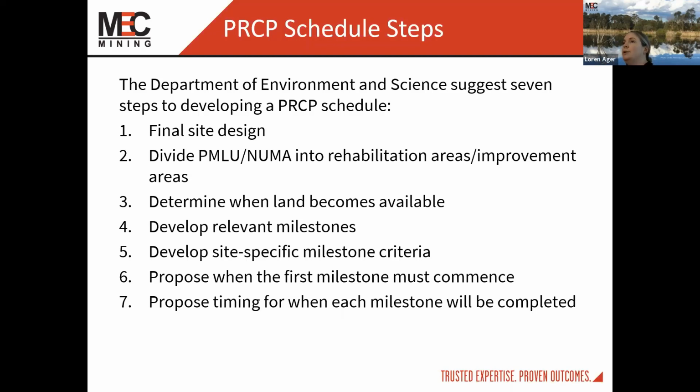For example, decommissioning of infrastructure, the creation of profiling of dumps, the use of inert or topping materials, topsoil placement, revegetation. These are all steps that need to be included for each area that's been identified. So there could be a mining area, there could be an infrastructure area, there could be existing rehabilitation that hasn't actually been signed off yet. So what further things need to be done in that area?